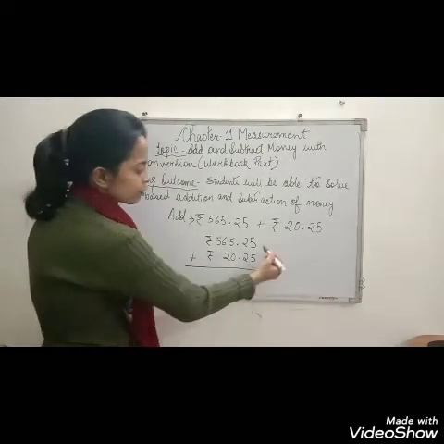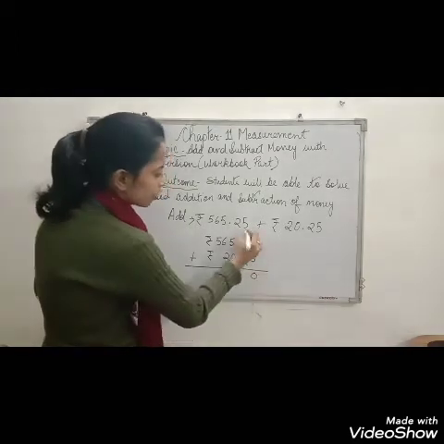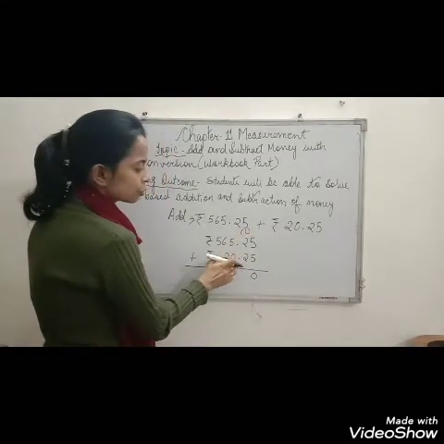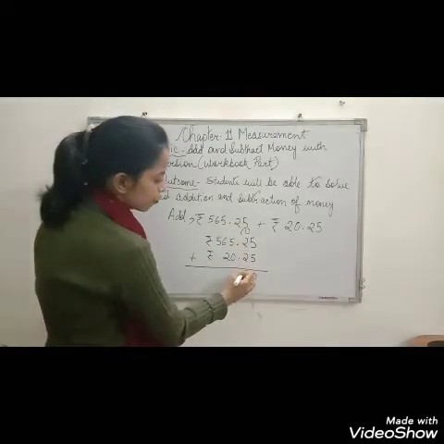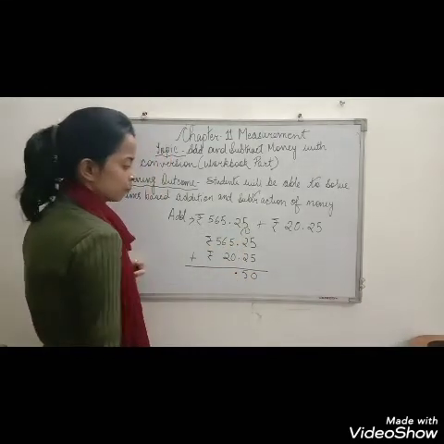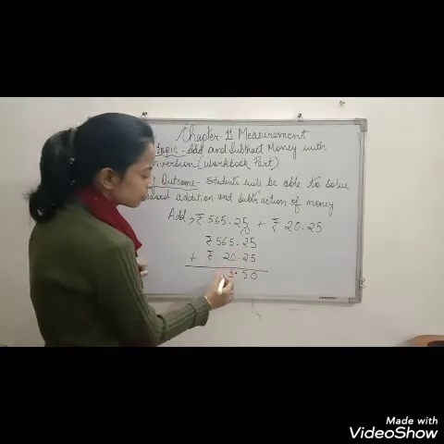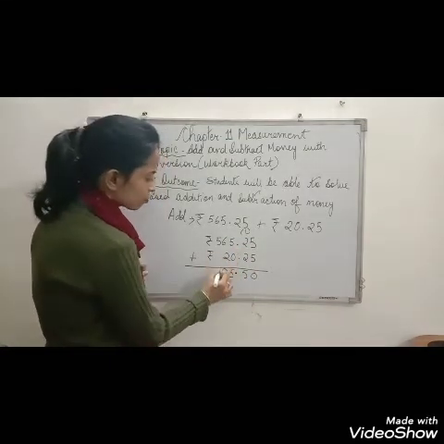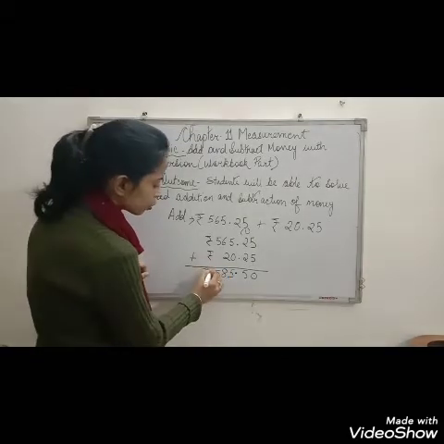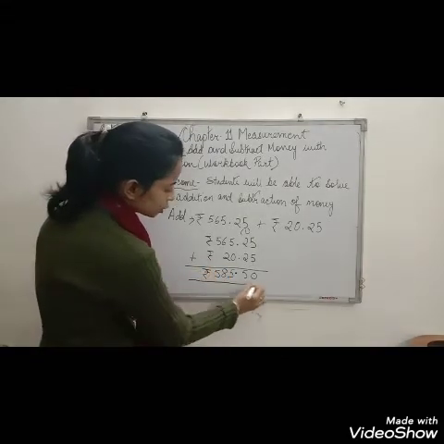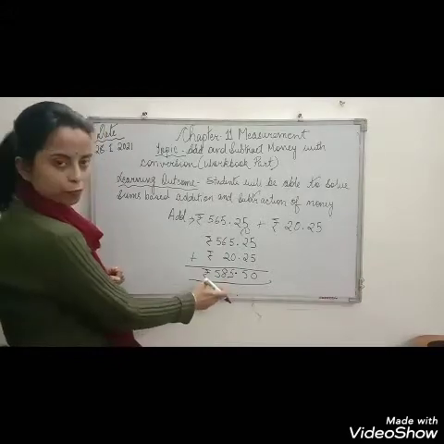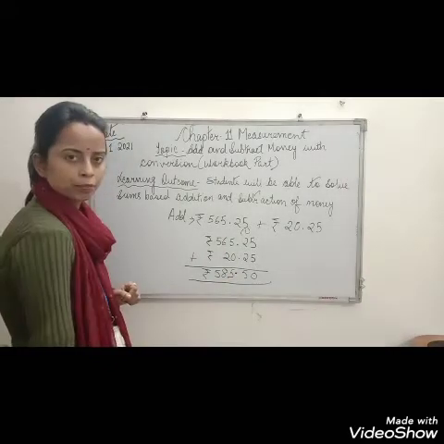Now add it up. 5 plus 5, it's 10. Carry 1. 2 plus 2, 4. Carry 1, 5. So put your decimal point. Yes, 5 plus 0, 5. 6 plus 2, 8. 5 is 5. So how much in total? Total amount is 585 rupees 50 paise.